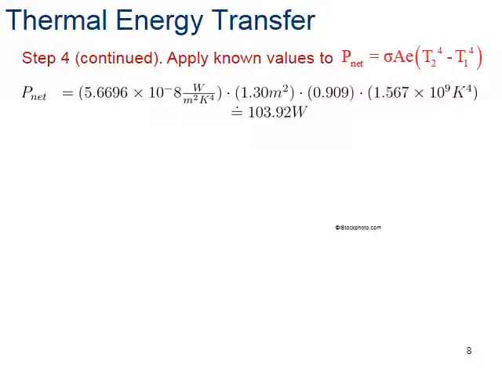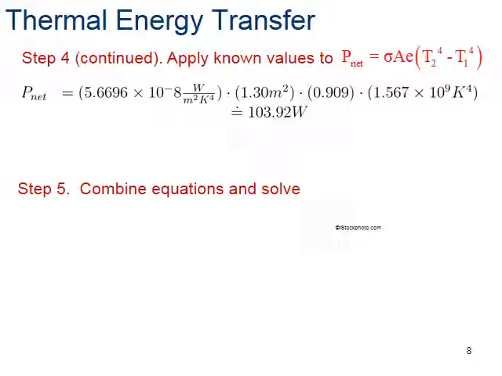We know Stefan's constant. We know your skin area. We know your emissivity. And we know that quantity, T2 to the fourth minus T1 to the fourth, we end up getting 103.92 watts.